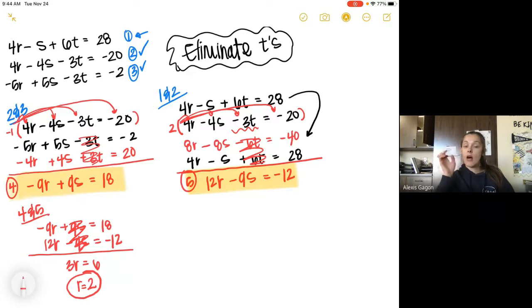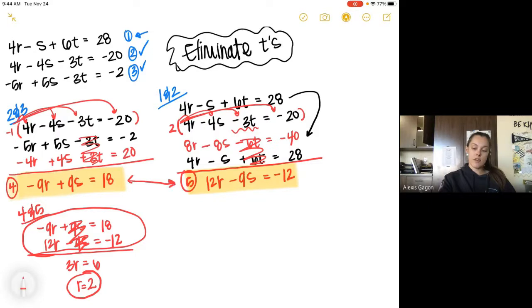Once we solve for that, we can plug it into either one of these equations that we were just doing, either equation 4 or equation 5, because that way we can solve for s at this point. So I'm going to just plug it into equation 4. We have negative 9 times 2 plus 9s equals 18.